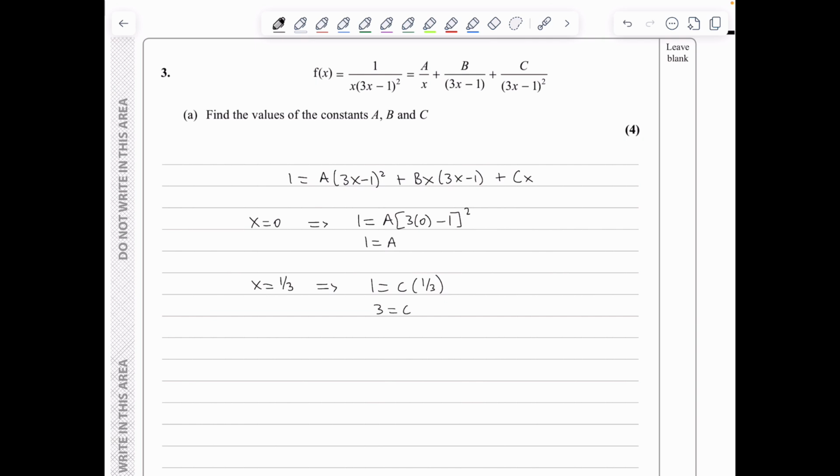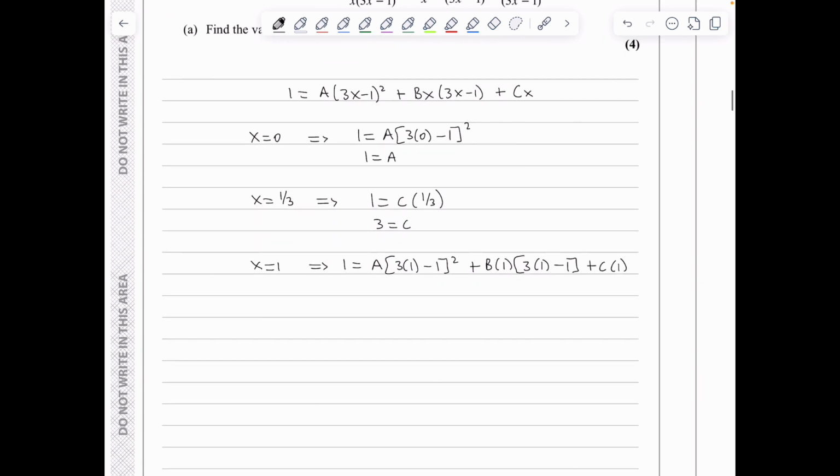Now I'm running out of nice values for x, but remember this holds true for any value of x. So I'm just going to put x is 1 and evaluate everything, leading to 1 being equal to a times (3 times 1 minus 1) squared plus b times 1 times (3 times 1 minus 1) plus c times 1.